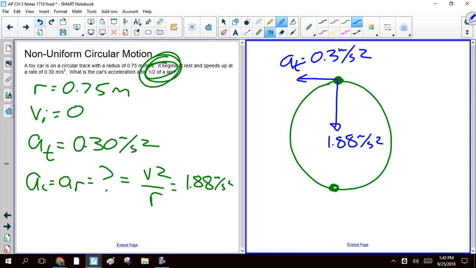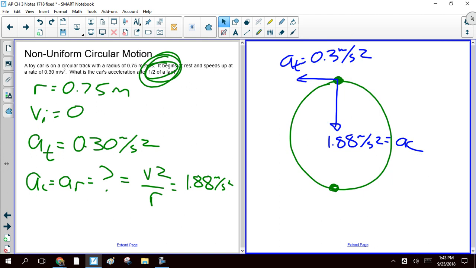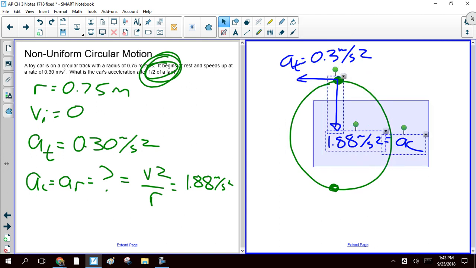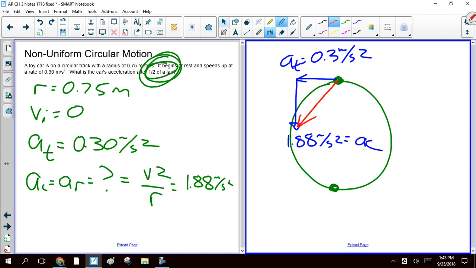And so my overall acceleration is the vector sum of these. Means I have to move that over there, right? And so then my actual acceleration is this guy, right?